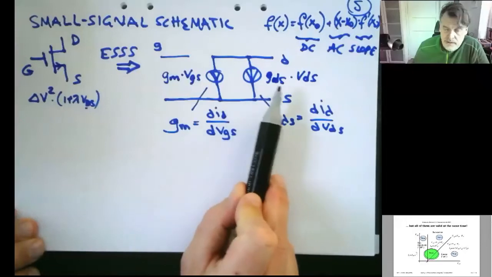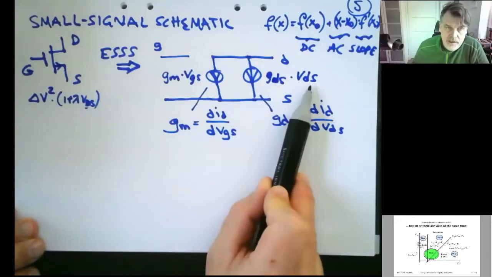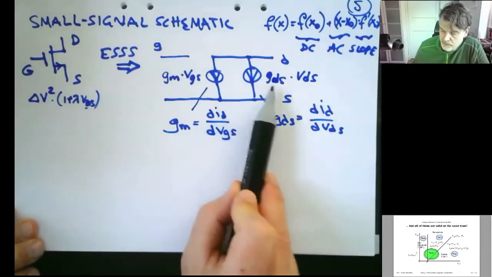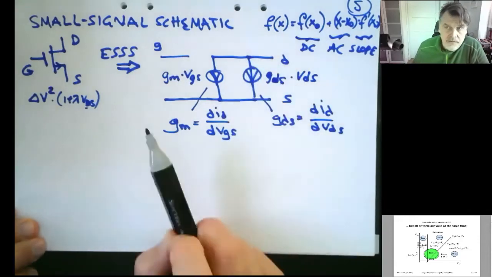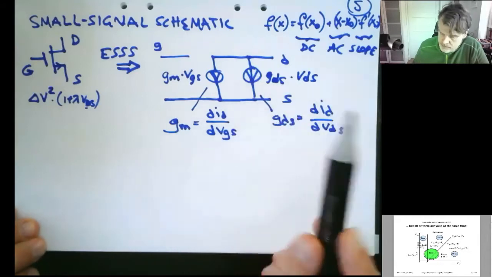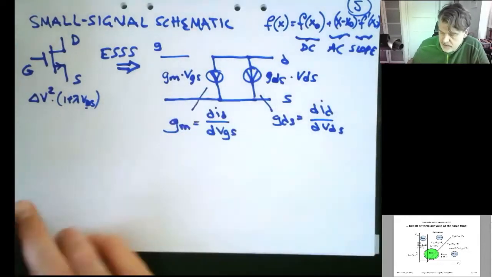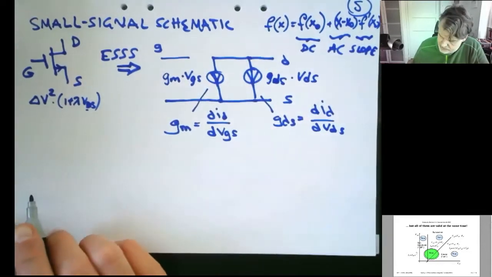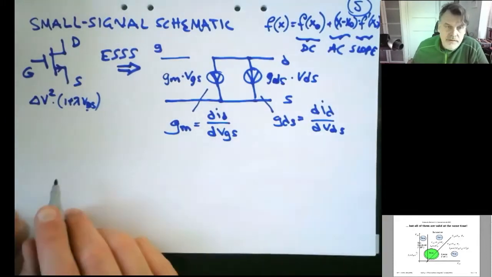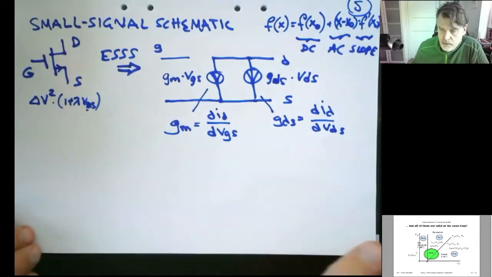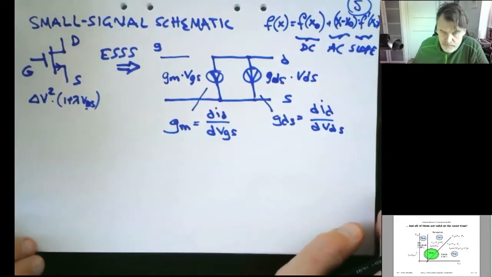One can notice that gds times VDS is a current source which is dependent on the voltage across itself, and that's nothing else than a resistor or a conductor. And this guy is a current source. So let's look a little bit at these definitions, and then we'll boil down to a compact model shortly and wrap that up.